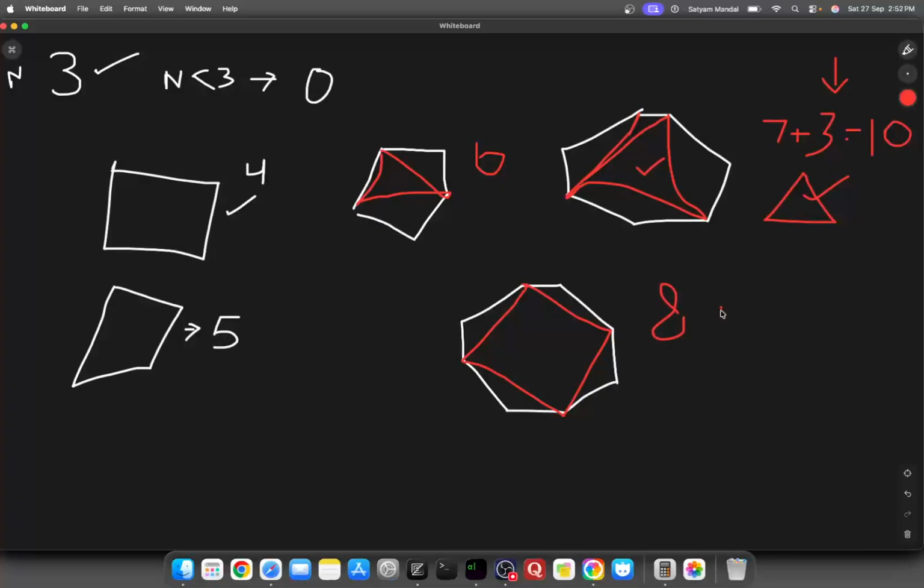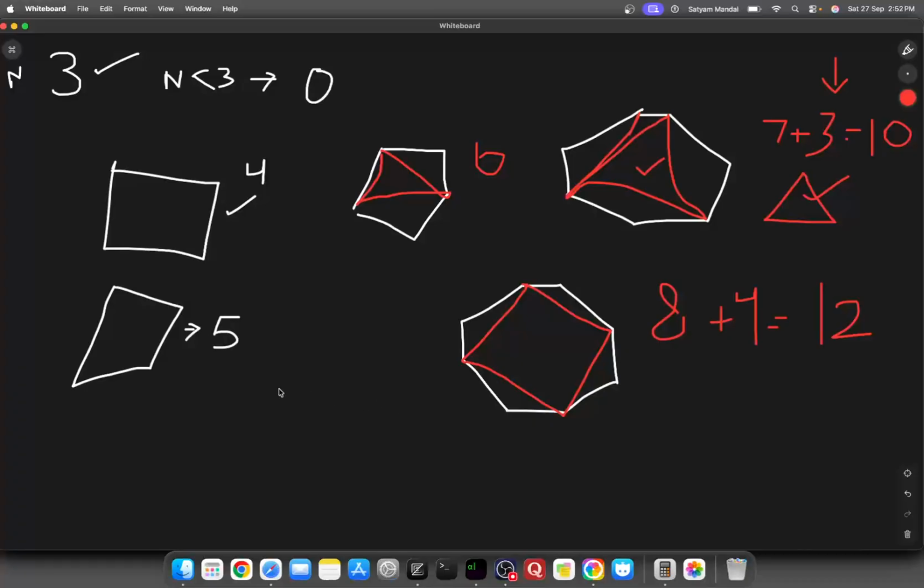So 8 plus 4 is 12. And further you can't draw any polygon.